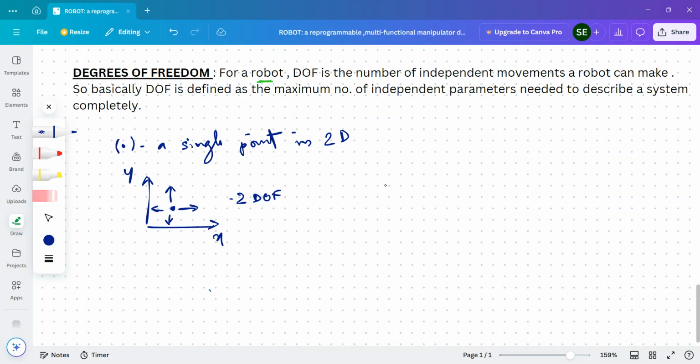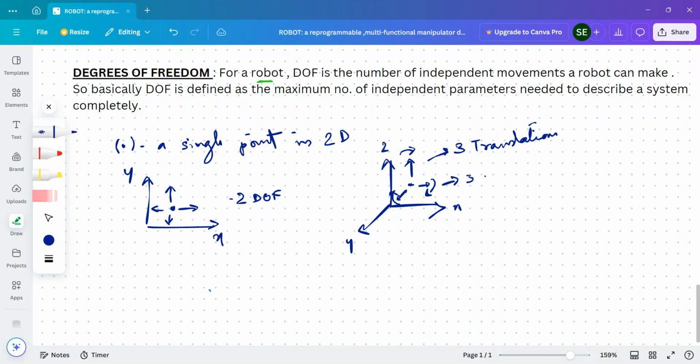Now, if I am considering the point in 3 dimensions, it can move along the x-axis, the z-axis, and the y-axis. So three translating motions, three translations. Also, it can rotate around the x-axis, the y-axis, and the z-axis.